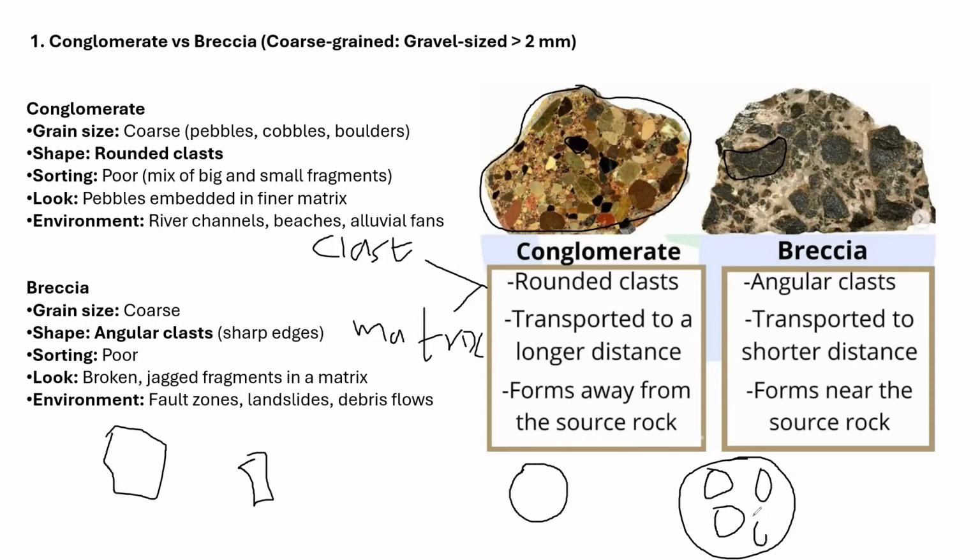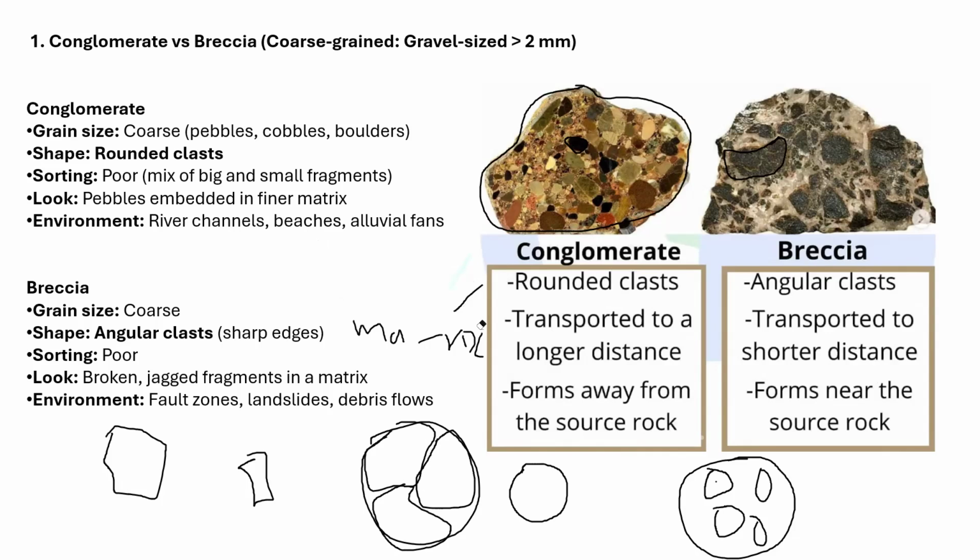Between these white materials will be the matrix. It means that these clasts are supported by the matrix throughout the entire volume of this conglomerate. But if they are clast supported, it means we don't have much of the matrix, but the clasts are touching each other. So we have less of the matrix, but the clasts are touching each other. So this is the matrix supported conglomerate. I hope you understand the difference.